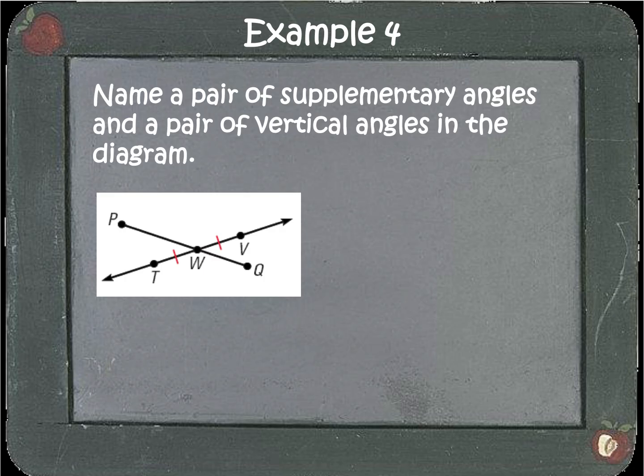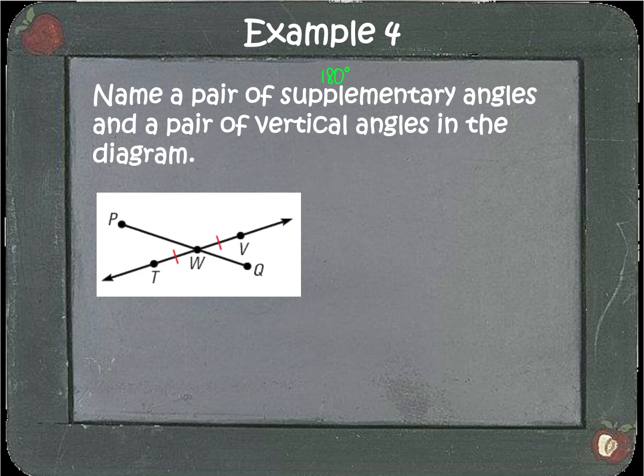All right, and the last one, name a pair of supplementary angles and a pair of vertical angles in the diagram. Who can tell me, what does supplementary mean? Sophia? Good. Supplementary is 180. A lot of people got vertical wrong.